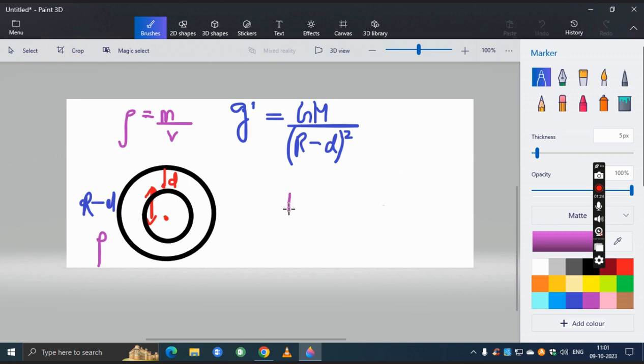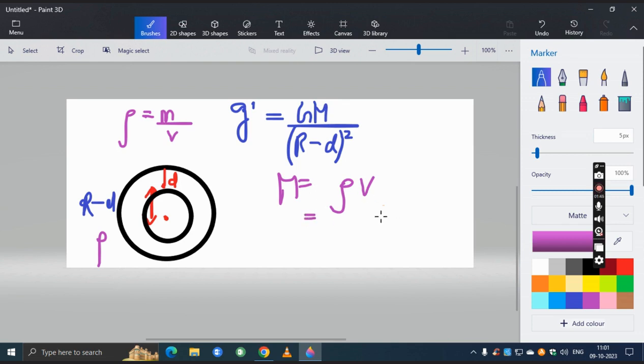We know that density equals mass by volume, so mass equals density into volume. So this M is not the mass of the Earth now, it's the mass of only this much part of the Earth.